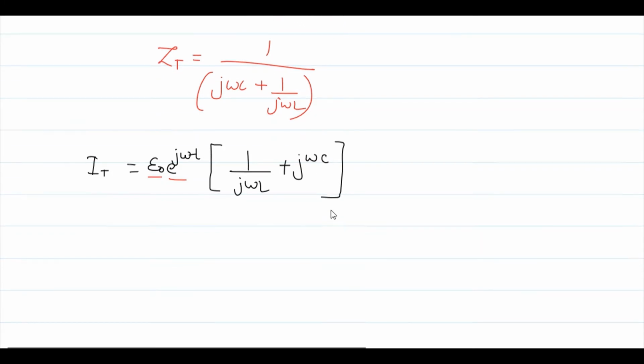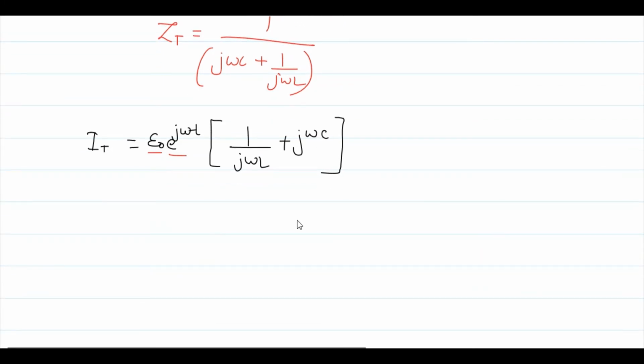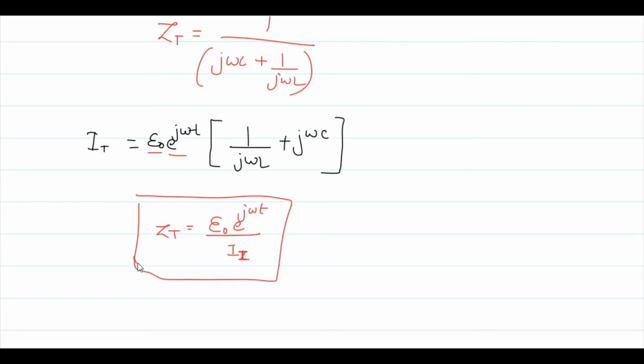By seeing these two equations, I can write that ZT is equal to E naught e power j omega t divided by IT. Now if you substitute in this IT equation, you will get ZT equal to EMF divided by IT, the total current. So this is what is called the total impedance of the circuit.